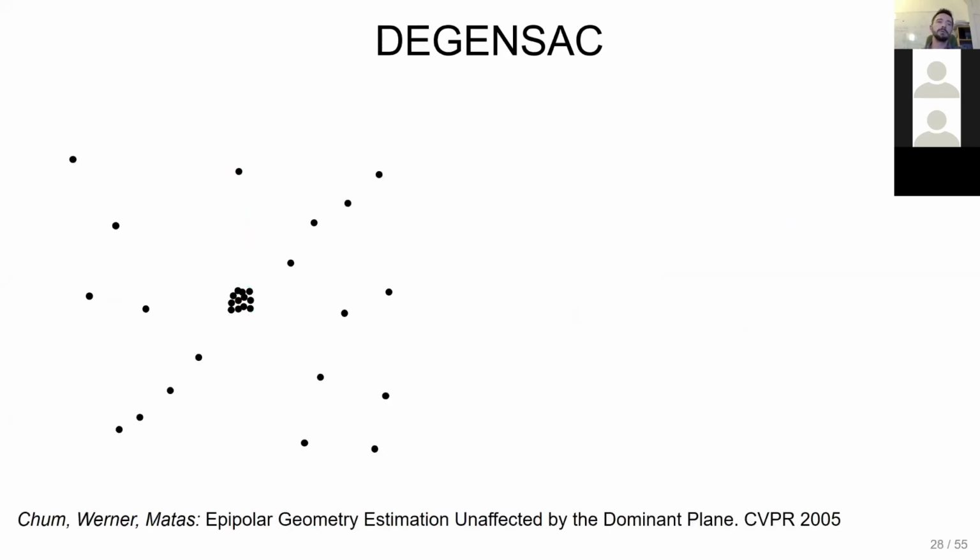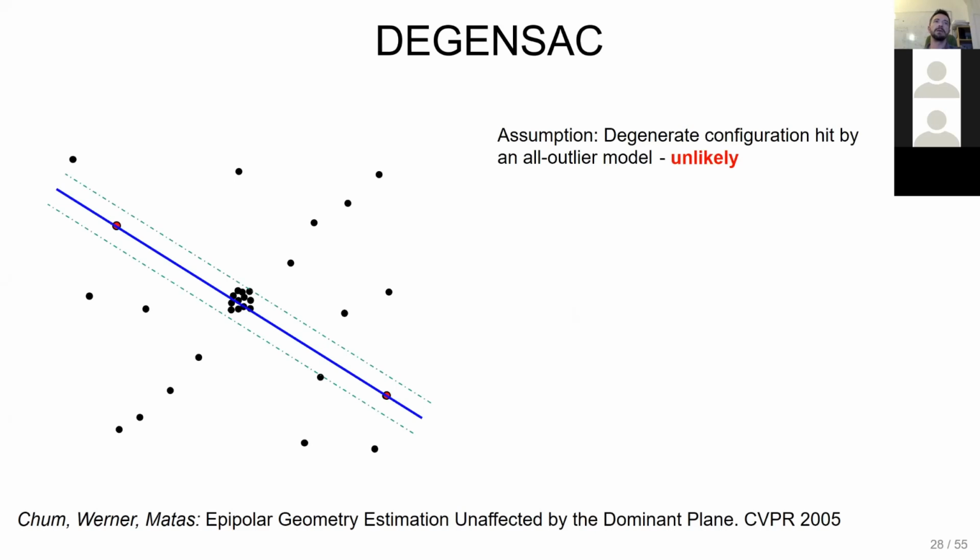I'll also speak about another approach, which is called DEGENSAC, and it has one assumption: that if you take an all-outlier sample as here, then it is very unlikely that such a sample would lead to a model that fits your degenerate configuration. It seems on this toy example that it happens quite often, but typically in high dimensional data, this is really unlikely to happen unless there is some special condition, and I'll mention this later on.